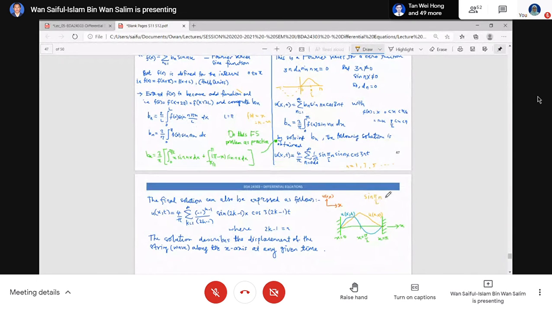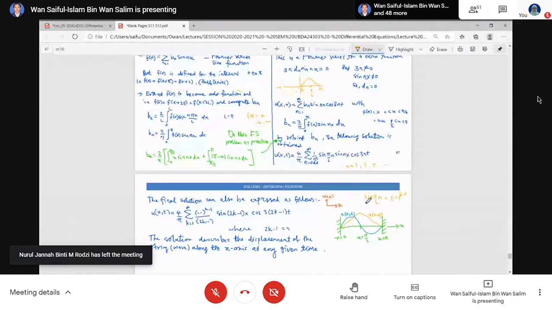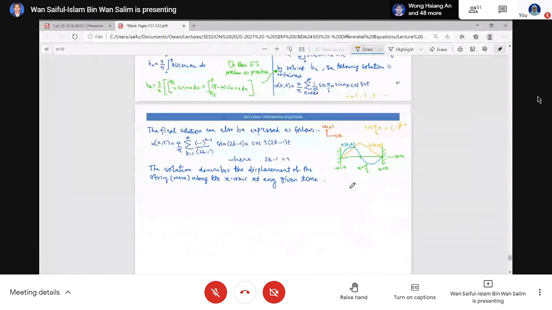I can substitute this with minus 1 to the power of k minus 1. You know why? Because this sine pi over 2 times n, if you increase n, for n equals 1, 2, 3, 4, and so on.